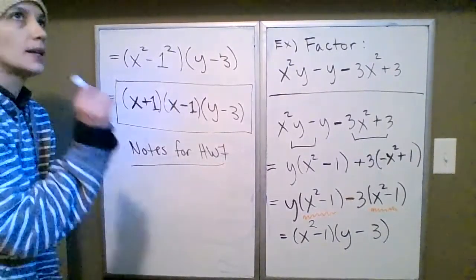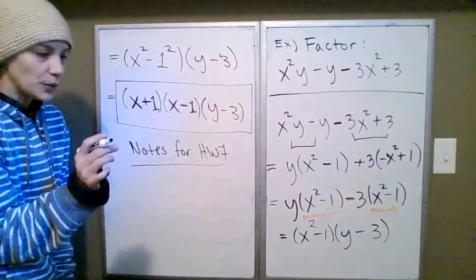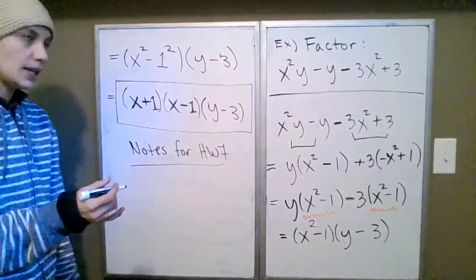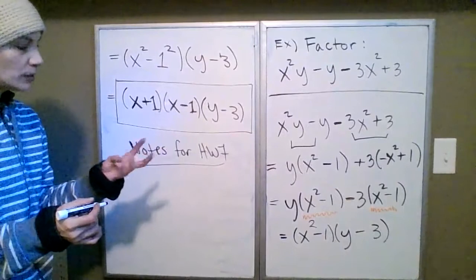So we're going to factor trinomials, and it looks like a polynomial with 3 terms.